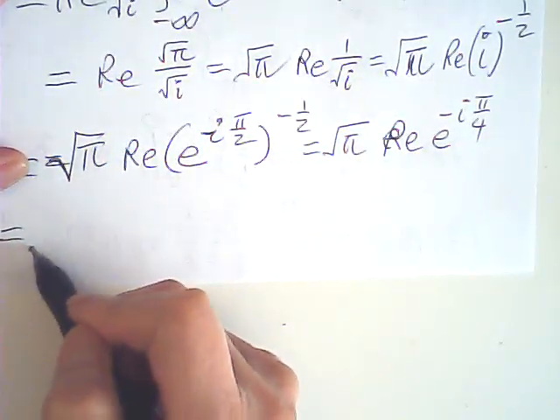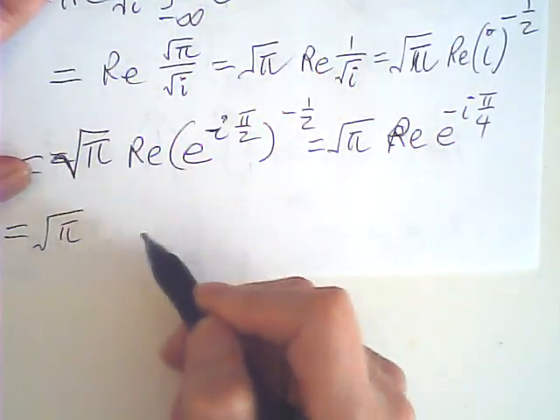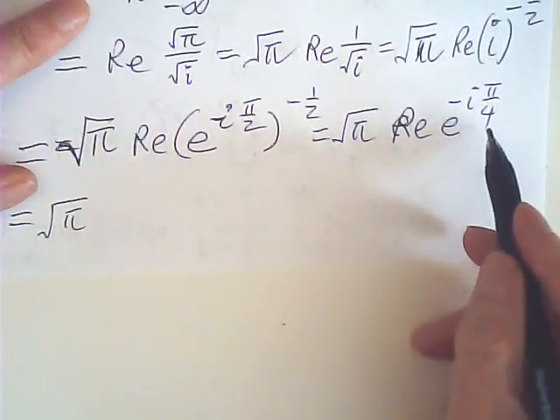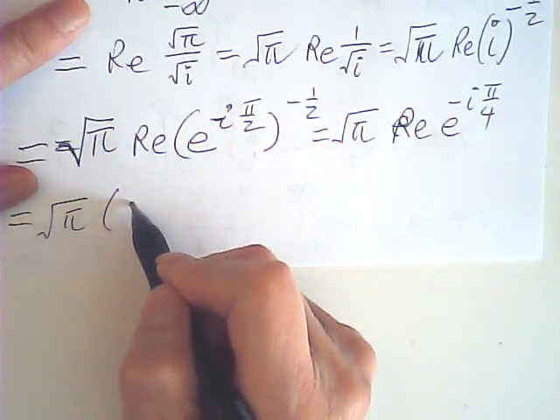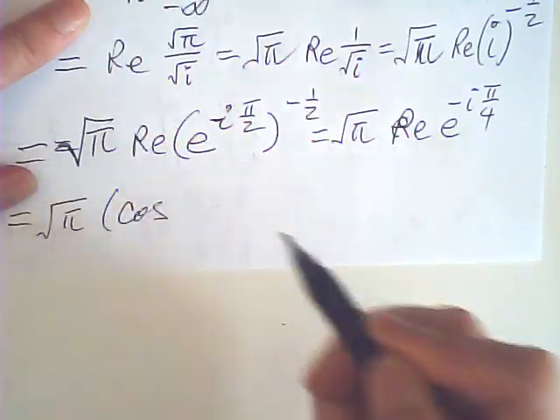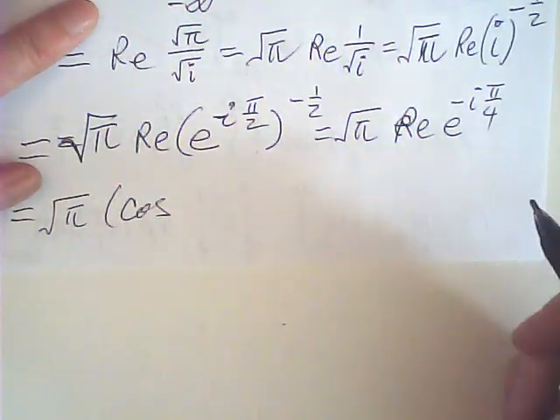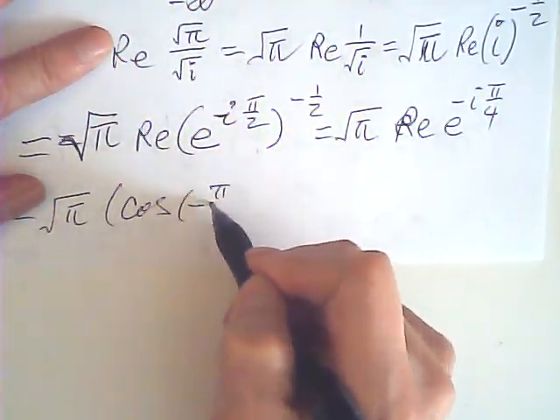Yeah, this is equal to root pi times the real part of this one, which is a cosine, right? Yeah, cosine of negative quarter pi.